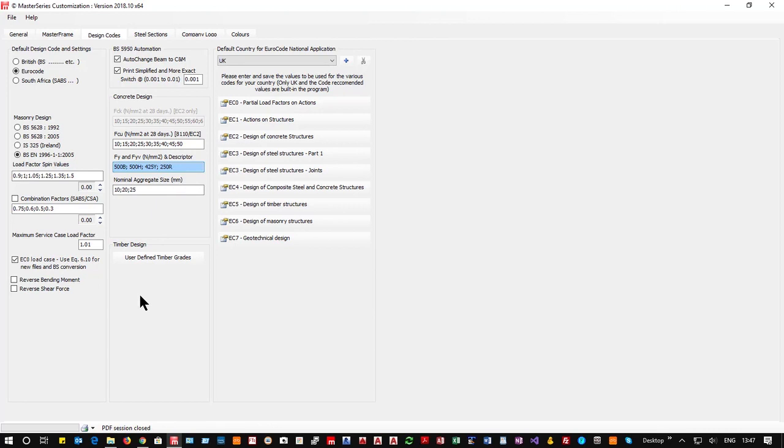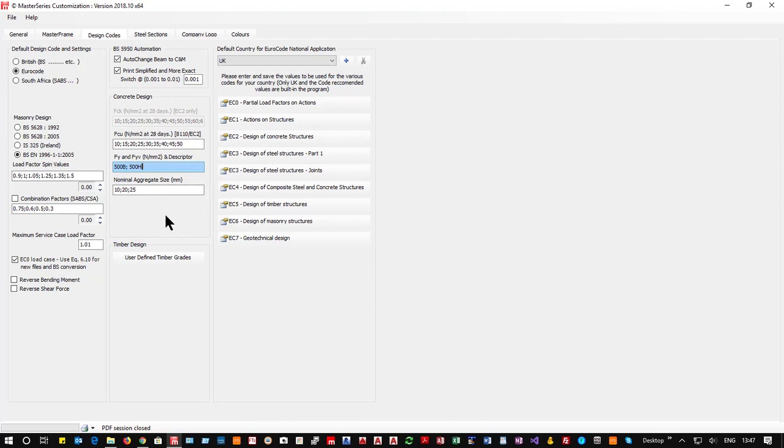So you can add in your own grades. You can also add in your own concrete grades, and these are the standard cube strengths, and it automatically calculates the fck values that go with the cube strengths. So those are all available to you. So certainly you can put in a new grade of steel if you want, or if you want to play the opposite, take out the grades you don't want, and that's available to you.